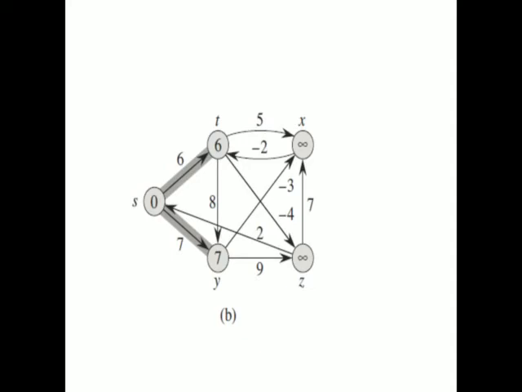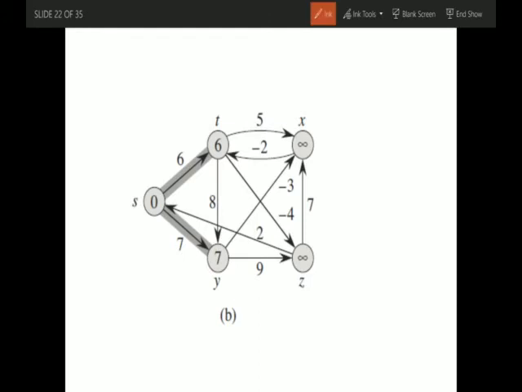However, in the next iteration, again the same process will go for all the edges. Now there will be some changes in other edges also. You can see up to x, the shortest path estimate is till now infinity. We will check whether we get a better path estimate if we come from t.